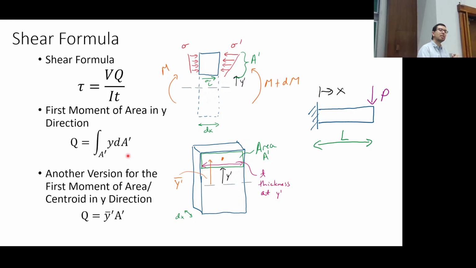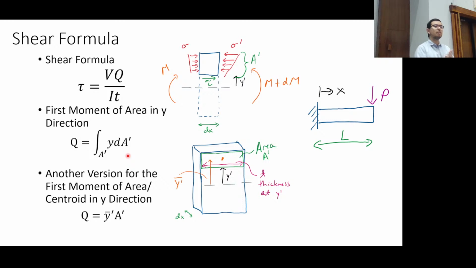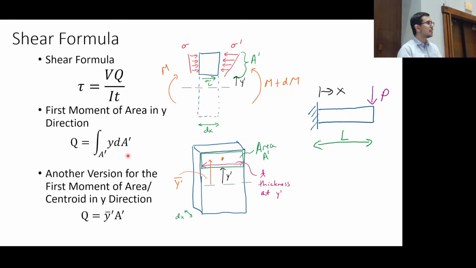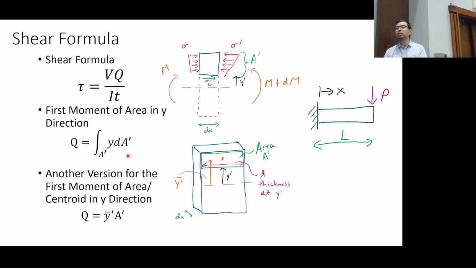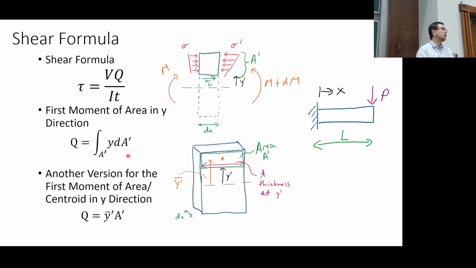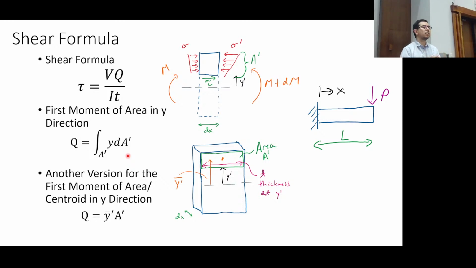I can't completely commit that you'll never use the integral of y squared dA directly on an exam, but you're probably going to use something like bh cubed over 12, or pi over 4 c to the fourth. Those would be the equations that you typically use because we're pretty much only using rectangular or some type of circular cross section.